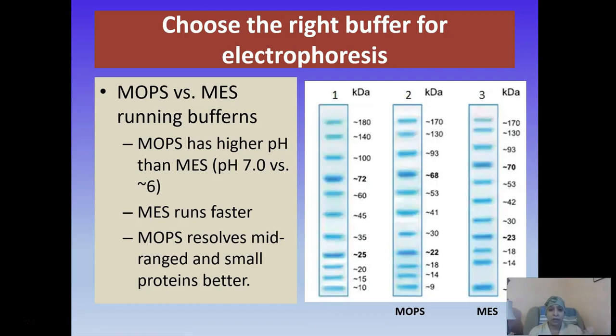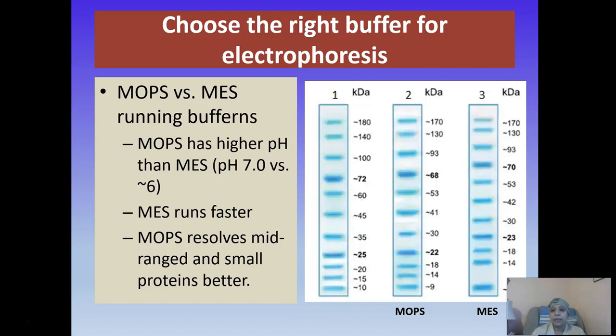Once you know which concentration gel you're going to run, the second thing to look at is the right buffer for your electrophoresis. You have the typical running buffer that has the SDS in it to put all the negative charge and the basic requirements, but nowadays there are multiple formulations of those buffers that can help you resolve different areas of your proteins differently.